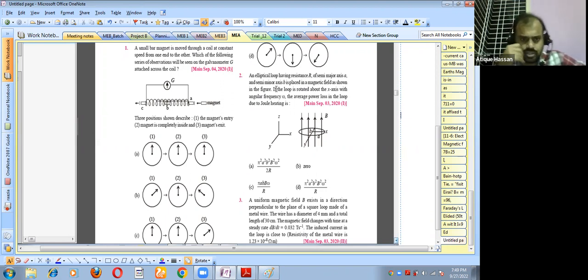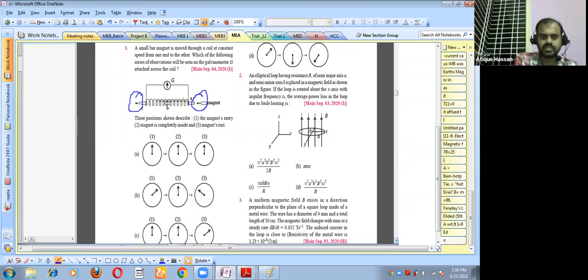The positions shown describe the magnet's entry, completely inside, and then exit. So it is clear that the main concept is magnetic flux is changing. EMF will be induced when magnetic flux changes, so at two positions, at the entry point and at the exit point.